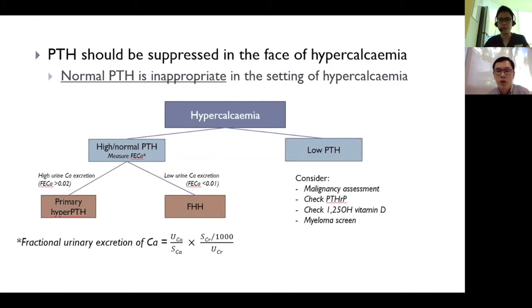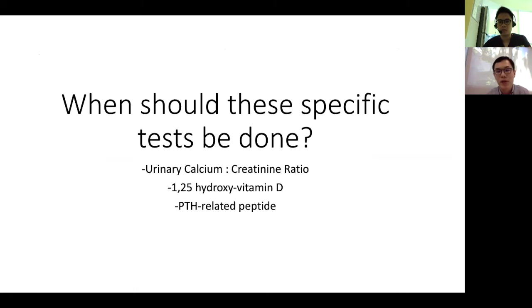Yeah, I think we usually talk about the 125 hydroxyvitamin D and the PTH-related peptide in the same setting, whereby we are looking at the evaluation of patients with PTH-independent hypercalcemia. A lot of times it's sort of academic in that it helps us figure out what's the underlying reason.